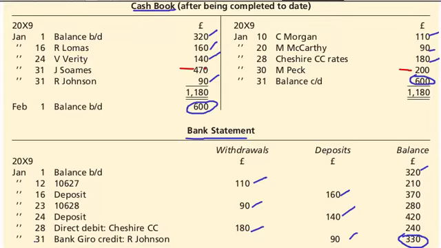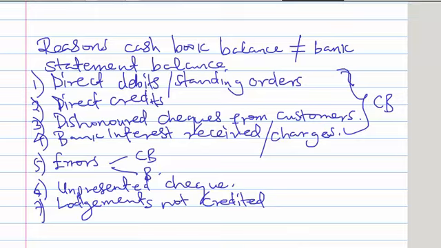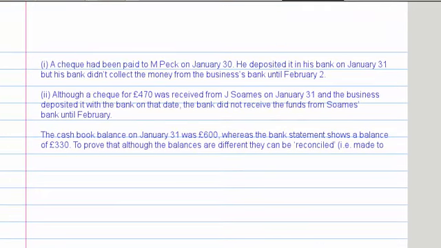So we've noticed JSOMS has 470 and then MPEG has 200. Ideally, when you notice there's this difference in real life, you then want to find out more, talk to the different people involved, your customers or everyone, to see why these amounts are outstanding. And we presume you've already done that here, and you have this information.